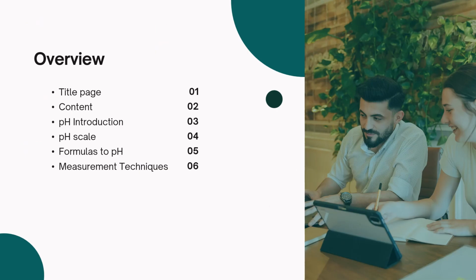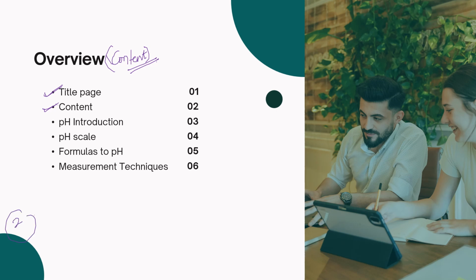So what we will discuss here: the first thing is the title, what it describes. Then we have seen the content. This is the content part. The overview part is also called the content part. This is the content that we are discussing in this part, and this is page number 2.